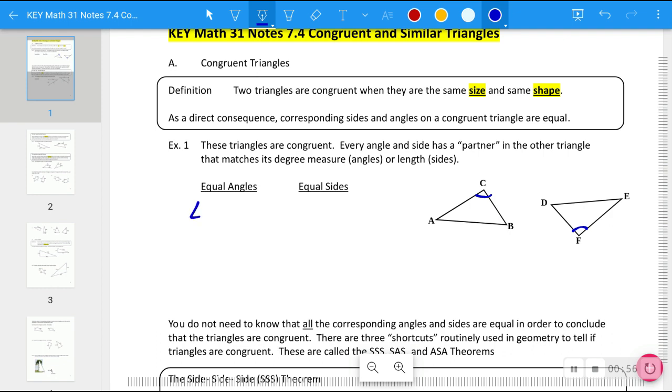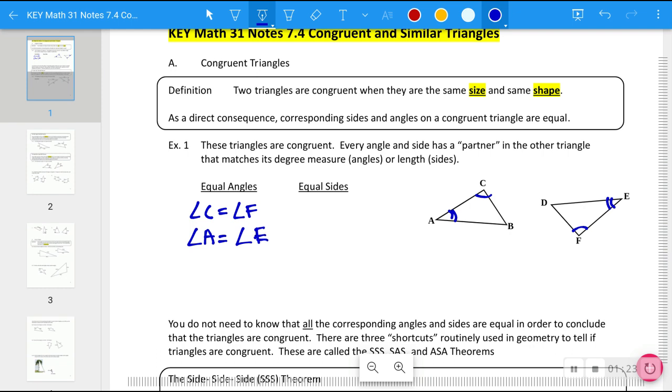So we've got angle C equal to angle F, and then we have a little sharp angle here, angle A, and that would equal, if you look at how open that angle is, it's the same openness or spread as angle E. I think those are about, I would guess, around 30 degrees each. So angle A is equal in measure to angle E.